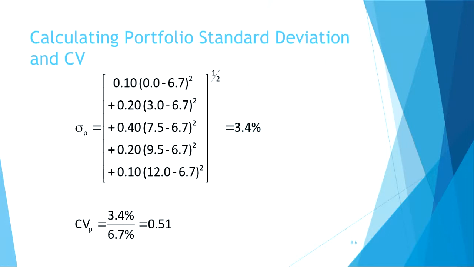So do not forget to put a percentage here. 3 should be a percentage, 6.7, these should all be percentages, right? When you calculate the standard deviation of this portfolio, you end up with a 3.4% standard deviation, which is much lower than any single asset, right? And the coefficient of variation is also 0.51, which is lower than these two individual assets, right?